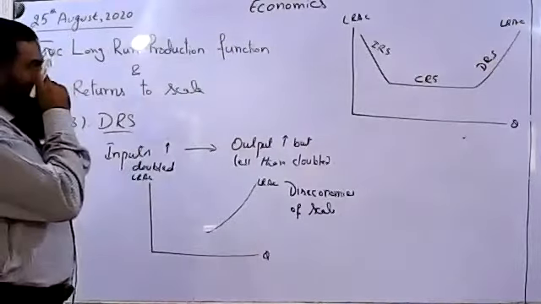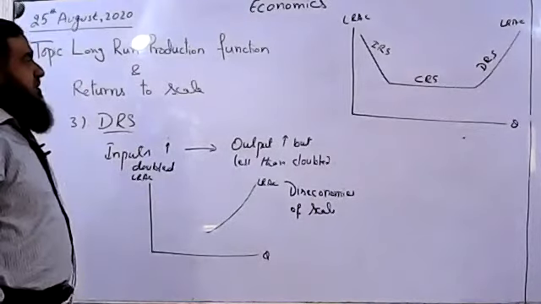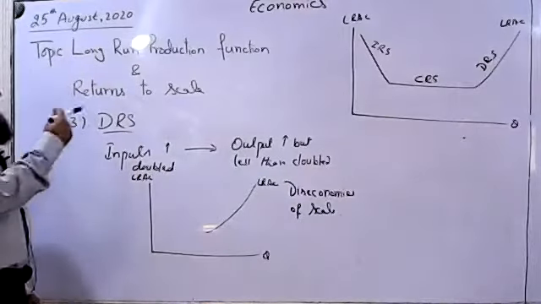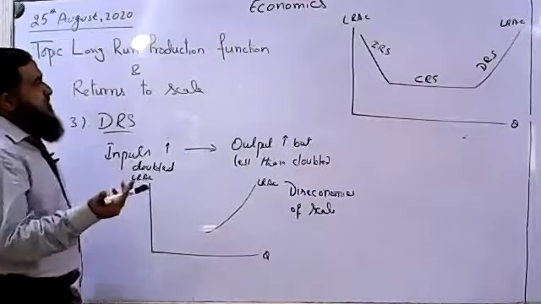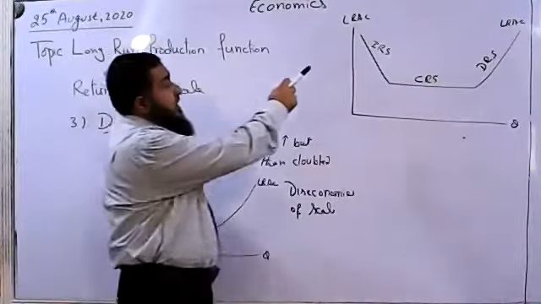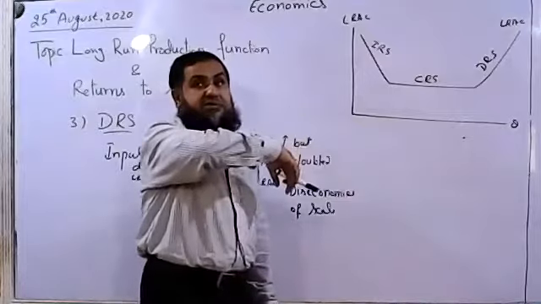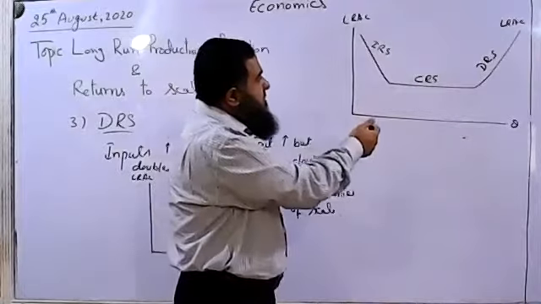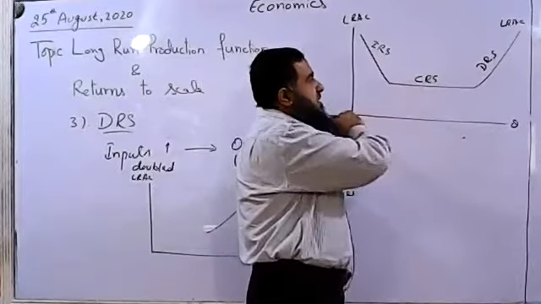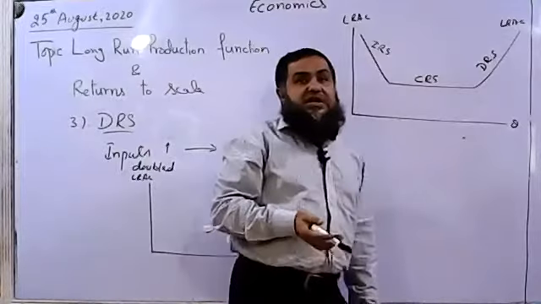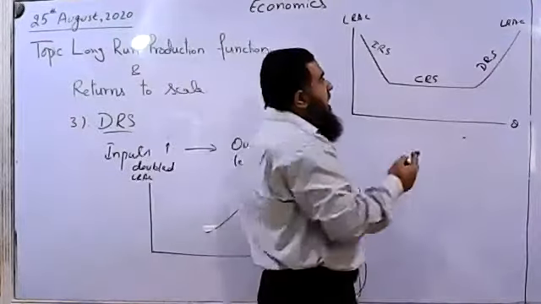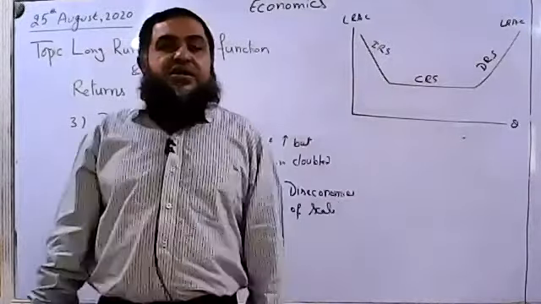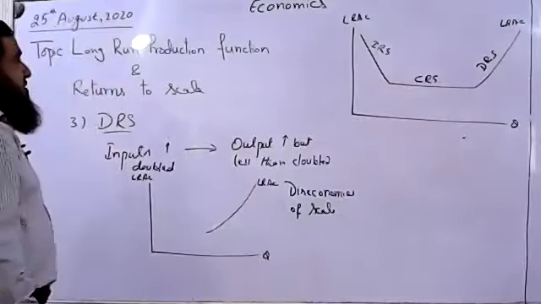This minimum point is a horizontal stretch of the long run average cost curve. So when firms change the inputs in order to enjoy the economies of scale, there can be three cases. Either the firm has IRS, where its per unit cost of production is decreasing and outputs increase by a greater proportion than the changes in inputs; when inputs and outputs change by the same proportion, it is constant returns; and when output increases by a smaller proportion than the changes in inputs, it is called decreasing returns to scale.